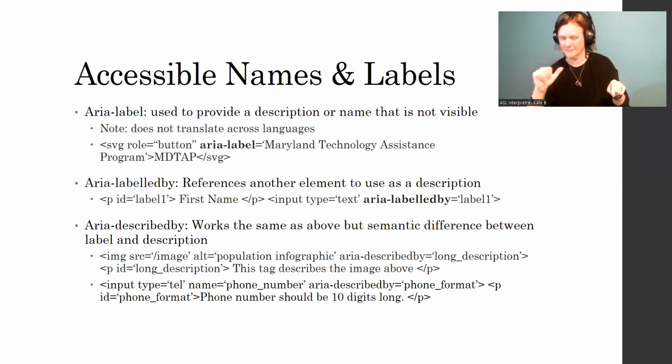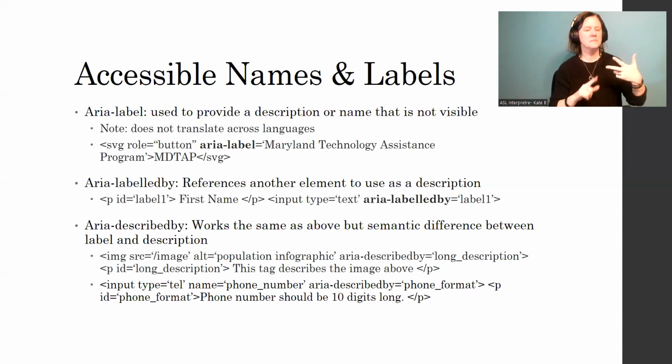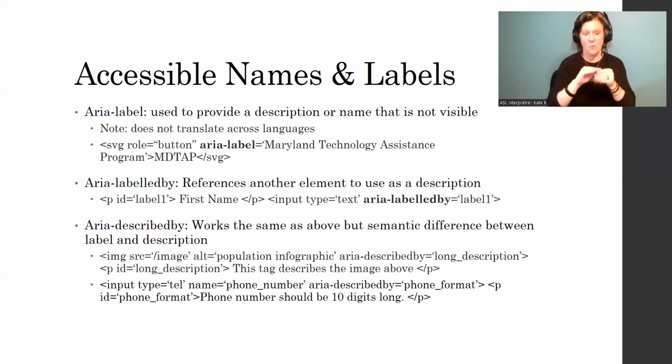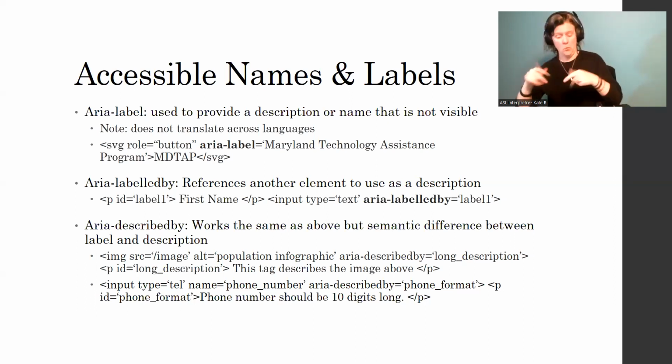Now, the second one is we have an input for a phone number, and it has ARIA described by phone_format. And then below it, it has a paragraph saying phone number should be 10 digits long. The way this functions is, let's say a user has put in a phone number and they missed a digit, so they only put in 9.